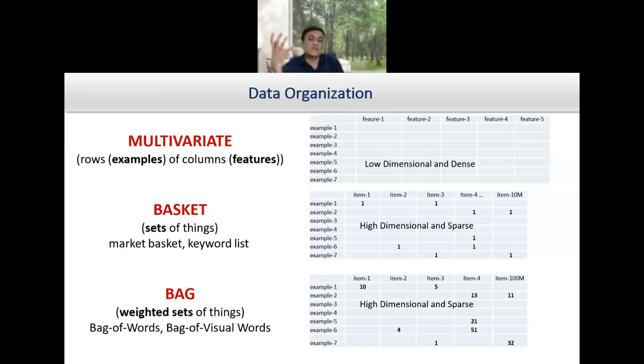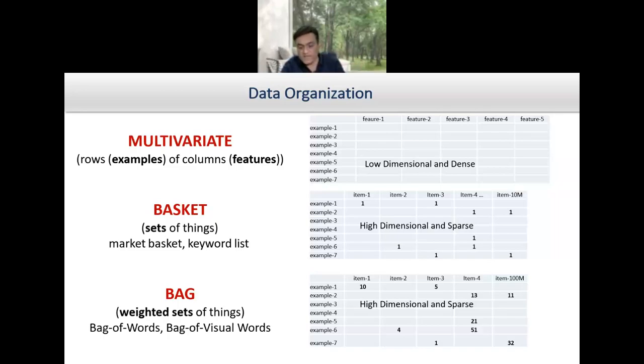Let us look at this bag example, the third example, in a different way. I want to use a data set which counts the word bank, for example, in newspaper news. I have taken one news item of Reserve Bank of India and I want to find out how many times the word bank has repeated.